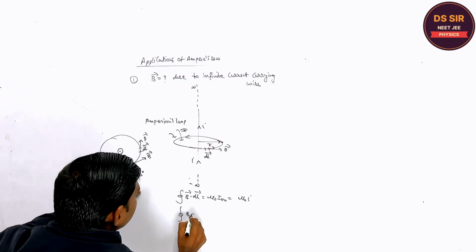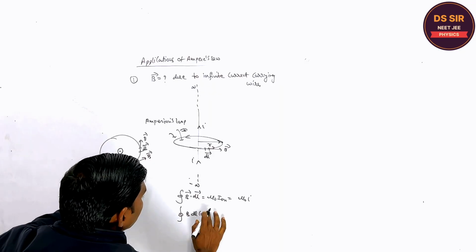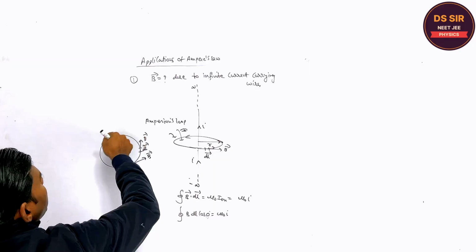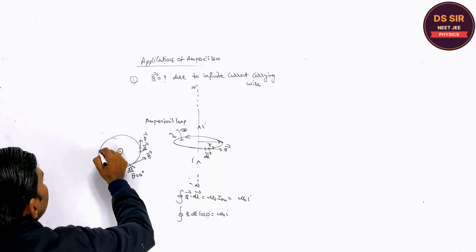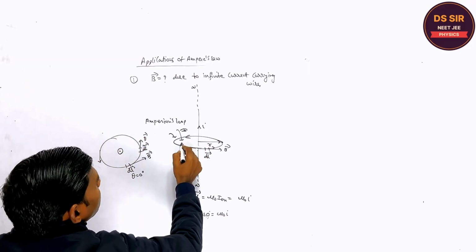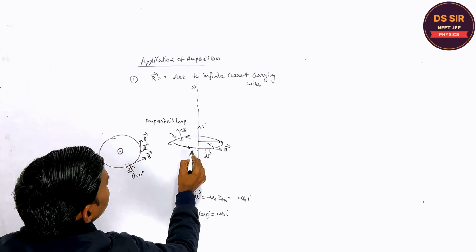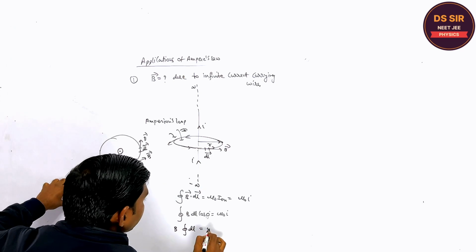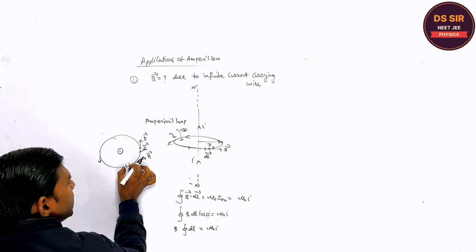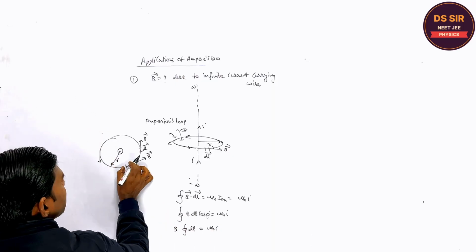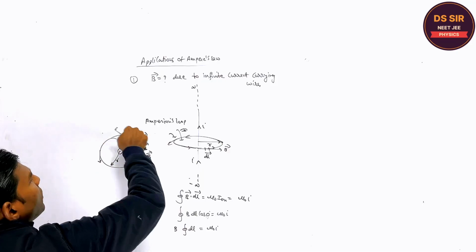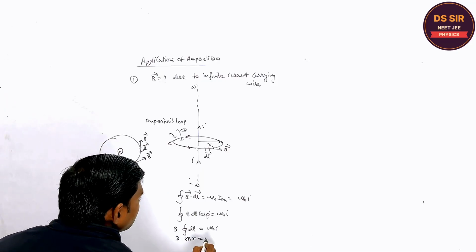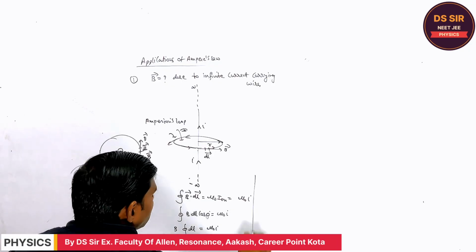So integral of B dl cos 0 is equal to mu naught I. And when you are integrating, B is constant everywhere due to symmetry, so it comes out of the integral, and we have the integration of dl. If this is the dl portion and the radius is r, what is the integration of this? It is 2 pi r. So B into 2 pi r is equal to mu naught into I enclosed.